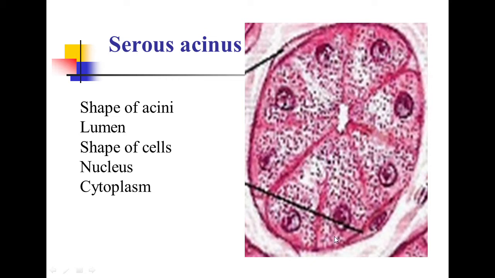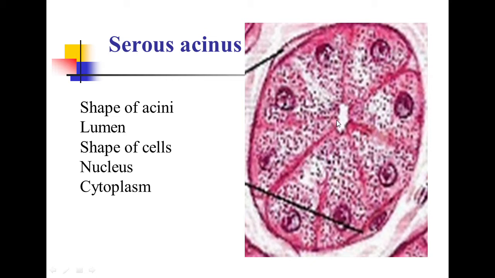And if you see the basal portion of the cell, the basal portion contains rough endoplasmic reticulum and free ribosomes which give a basophilic appearance. So in the apical portion, due to zymogen granules, there is eosinophilic appearance, and in the basal portion there are rough endoplasmic reticulum and free ribosomes which give basophilic appearance, and therefore this appearance is called apical eosinophilia and basal basophilia.